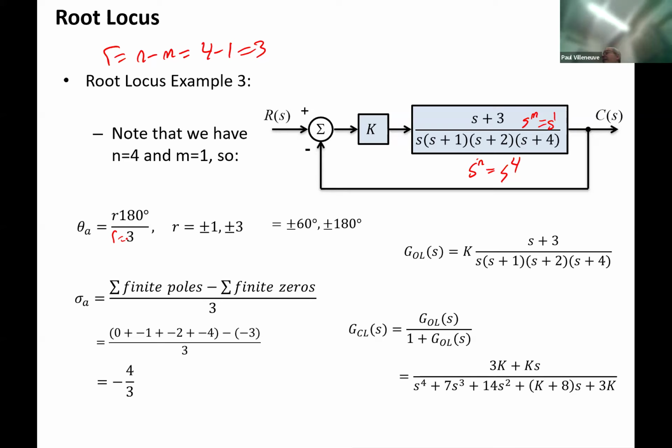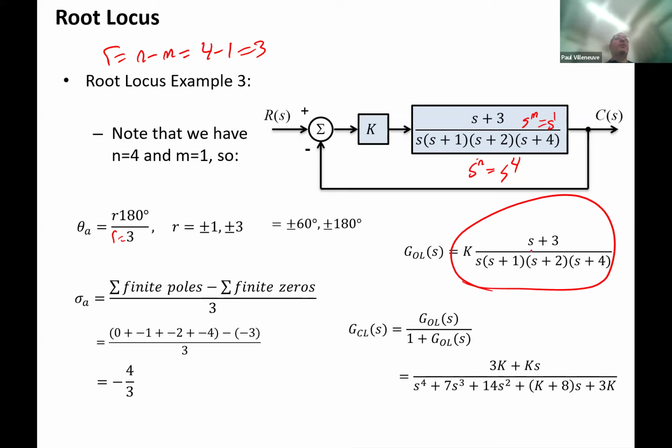Now I've got to go ahead and calculate where my asymptotes are centered about. Now, here's where you've got to be careful. What is the zero of this open loop transfer function? What's the zero there? -3. It's not +3, it's -3, right?